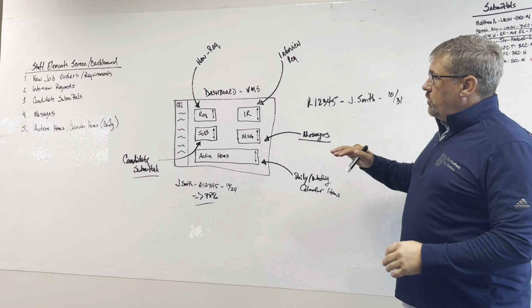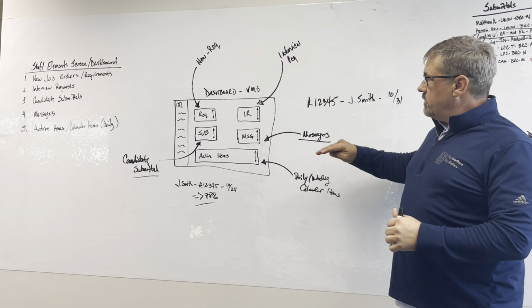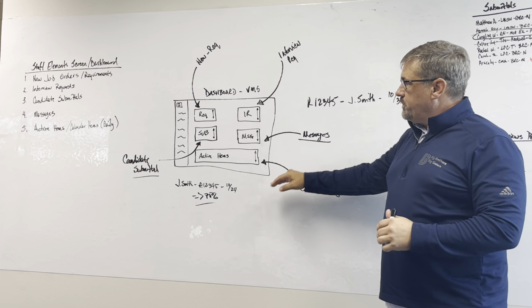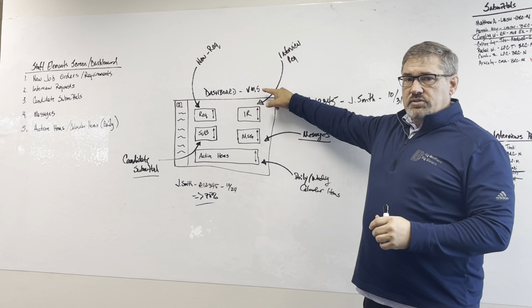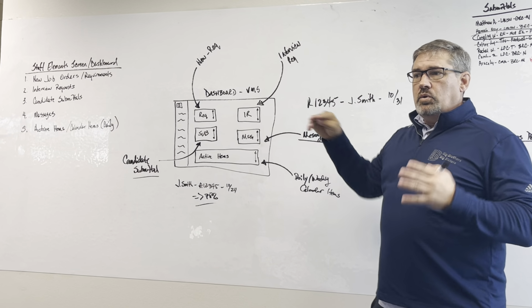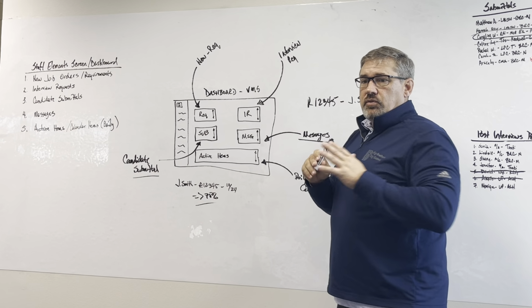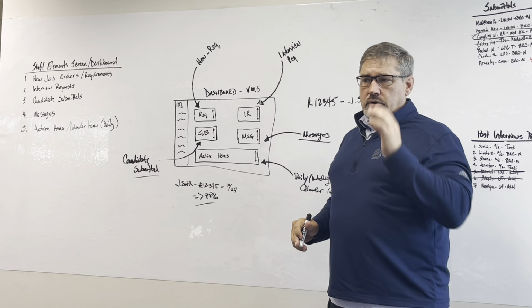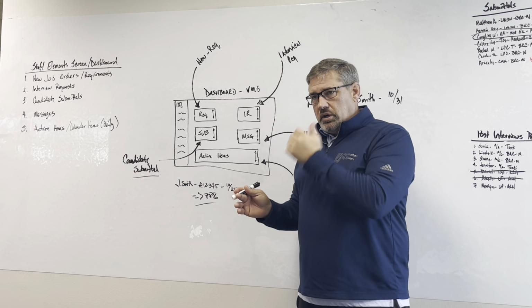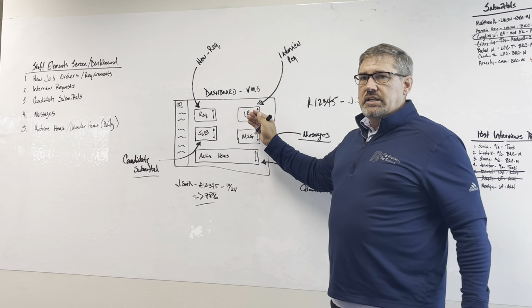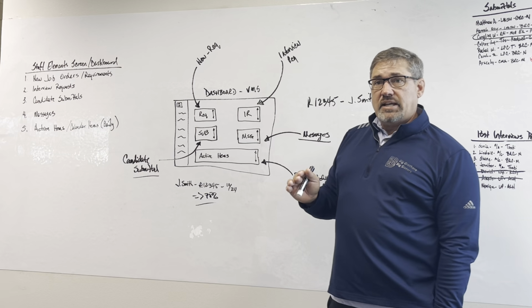But what I want everyone to take from this, beyond just this piece of it, this is just for the VMS office. We'll have a dashboard that is identical to this for each login, okay? So when a staffing company logs in, they're gonna see what is specific to that staffing company.